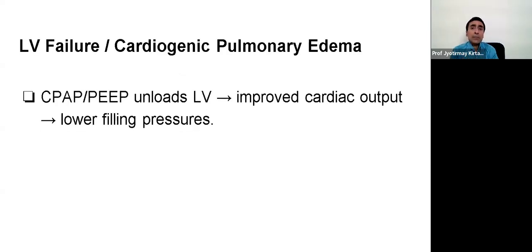In LV failure, it is actually a boon. If the patient comes with hypertensive heart failure, you always start with CPAP or at least HFNC with at least 30 to 40 liters per minute flow. That will give around 5 to 6 of CPAP and would immediately unload the right ventricle, which will in turn unload the left ventricle and cause the failing left ventricle to perform better.